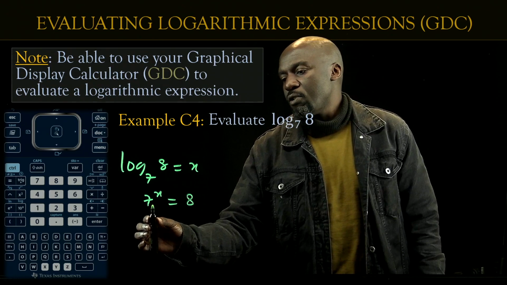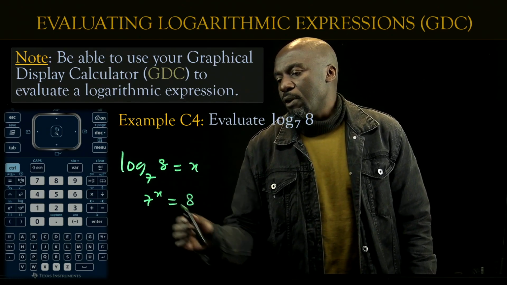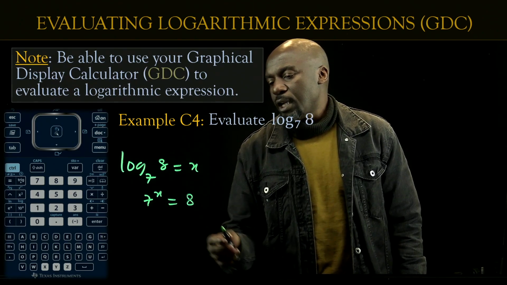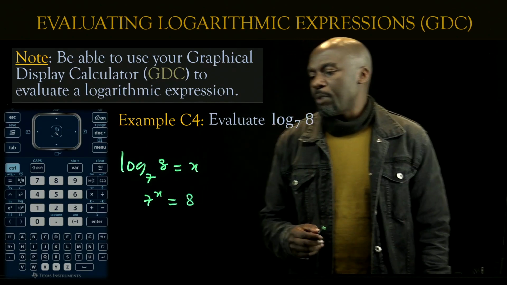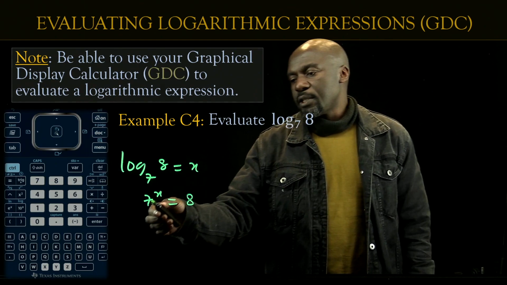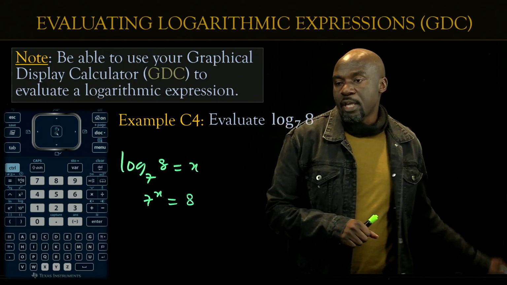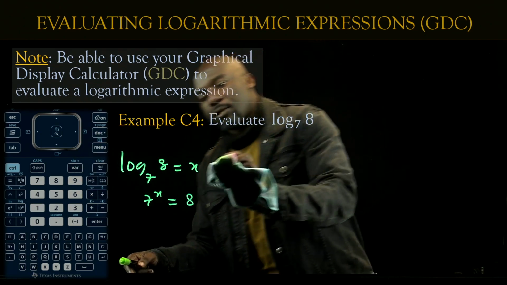And now there is no number that we can nicely use to make the two bases the same. For this reason, the algebraic method does not work for 7 and 8, and so our best way forward would be to use the calculator. We want to use this calculator here to find the solution.